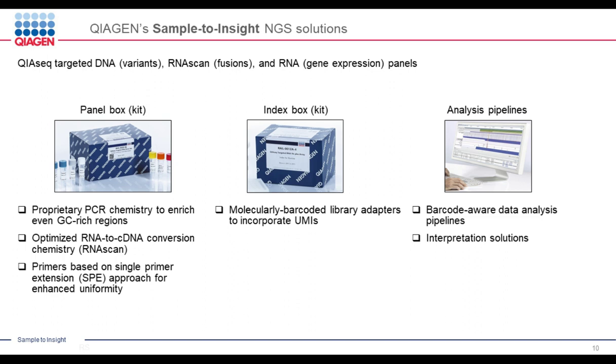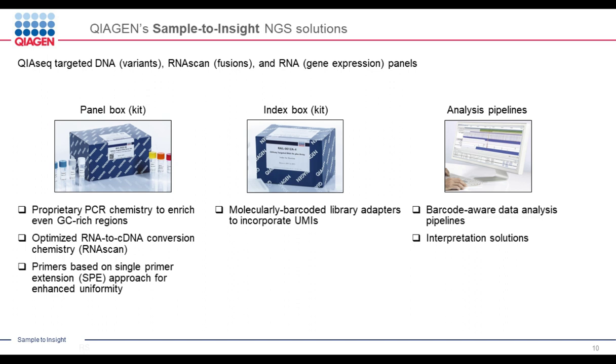In addition to the panel box, you also need an index box. This is the sequencer-specific part of this workflow. The panel box itself is sequencer agnostic in the sense that you could use the same chemistry for enrichment, whether you're using the Illumina platforms or Ion Torrent platforms. However, the index box is sequencer specific in the sense that you have to choose an index box that is compatible with your sequencer.